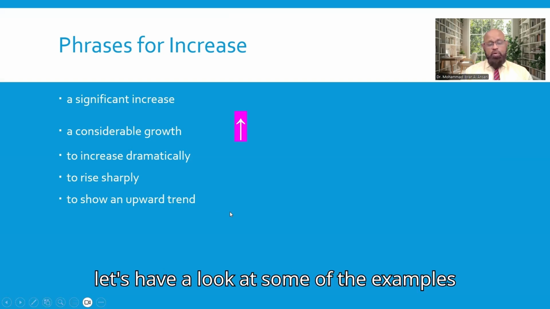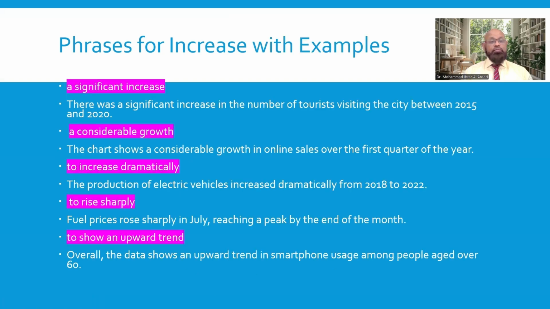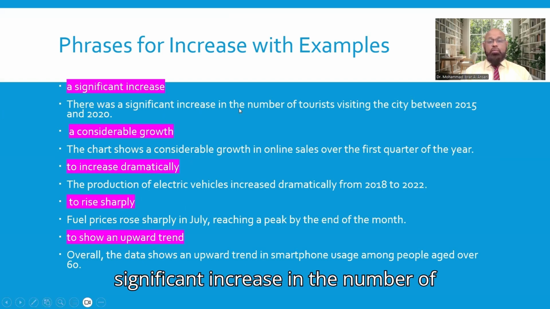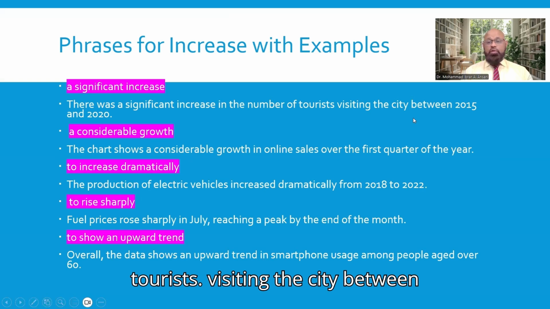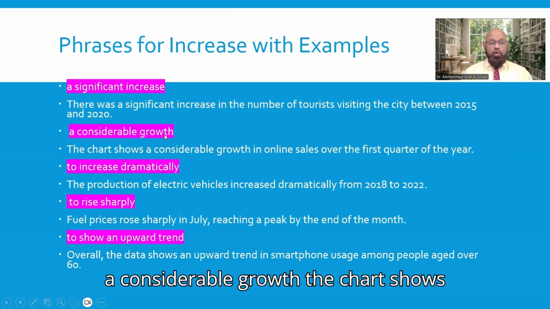Now let's have a look at some examples of how you can use these phrases. A significant increase. There was a significant increase in the number of tourists visiting the city between 2015 and 2020. A considerable growth.